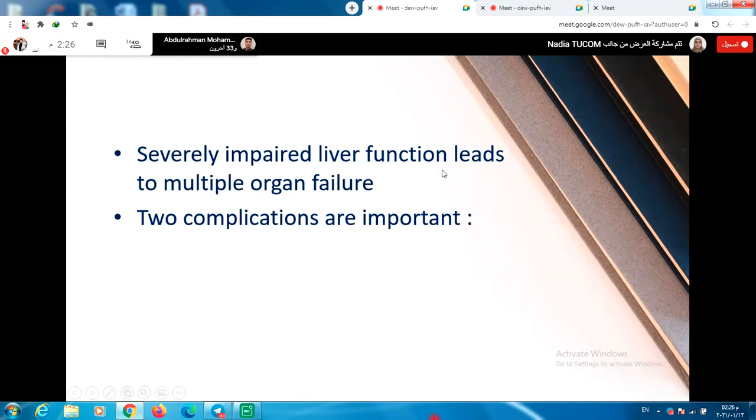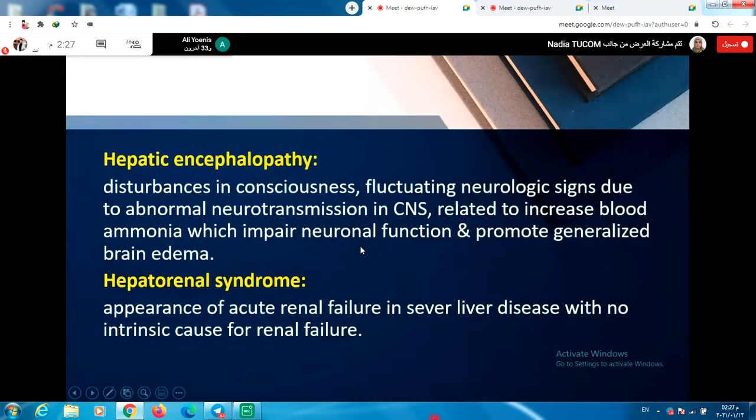Liver function is severely impaired in chronic liver disease with or without cirrhosis, and two complications are important: extrahepatic or systemic involvement, hepatic encephalopathy and hepatorenal syndrome.